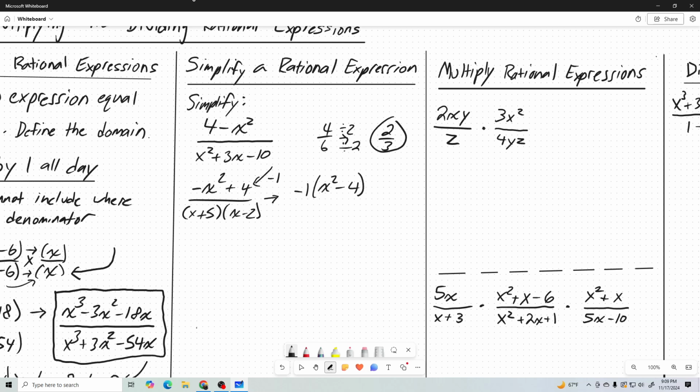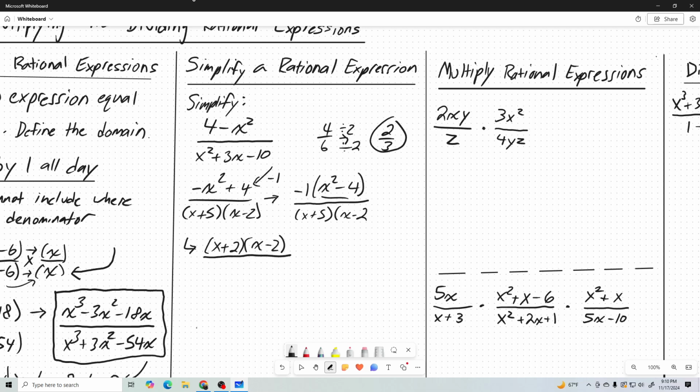And now we have the form that we need so that we can find a difference of squares. So it would be this over just the same thing as before, x plus 5 times x minus 2. And now let's go ahead and simplify the top. So this x squared minus 4, hopefully you guys recognize this difference of squares pattern, is going to be x plus 2 times x minus 2.